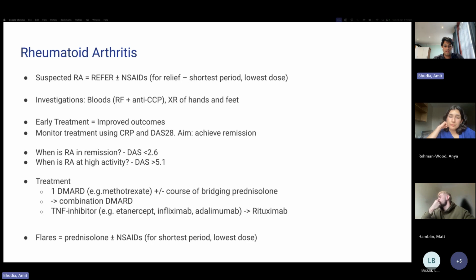So you'd start with TNF inhibitors, so etanercept, infliximab, or adalimumab. And then the last line is rituximab. And if they're in remission and then they get any flares of the arthritis, the general treatment is prednisolone and an NSAID for a short period.